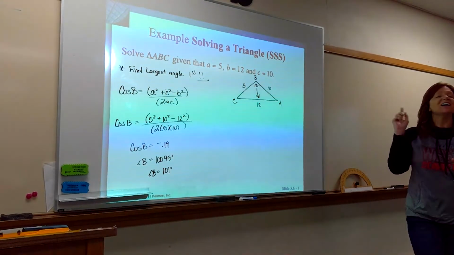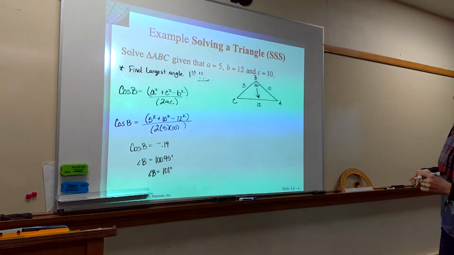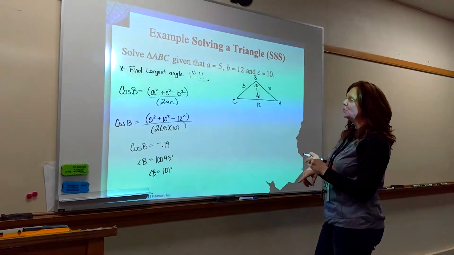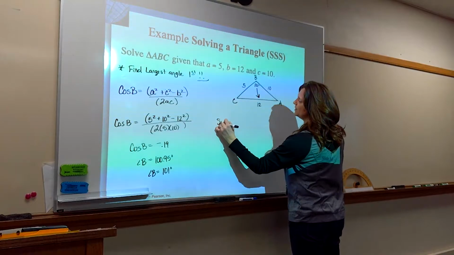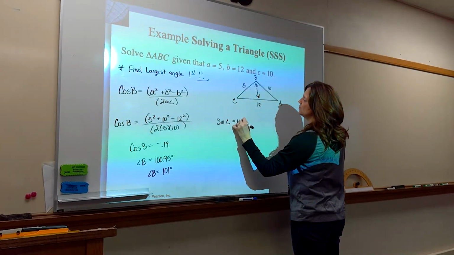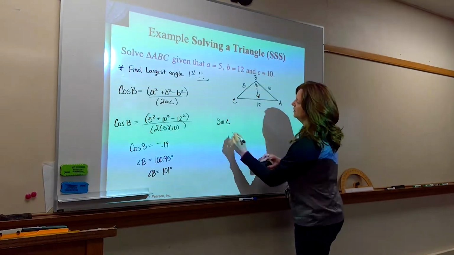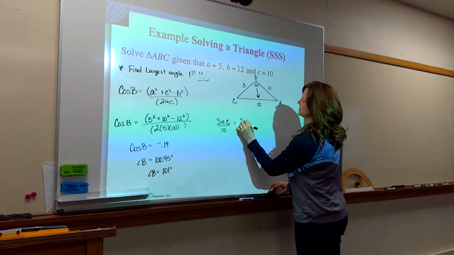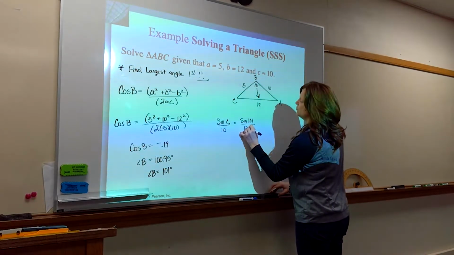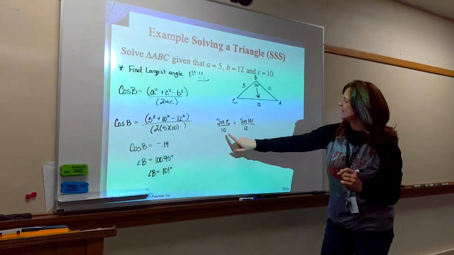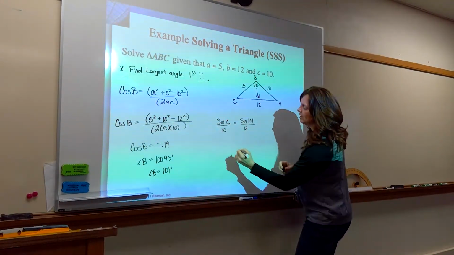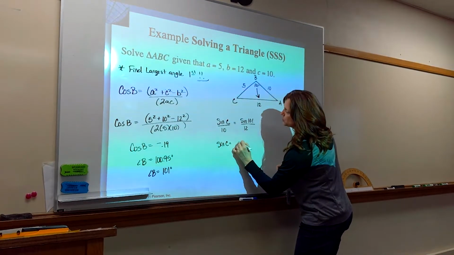Okay, and then I can use law of sines. I could go ahead and use law of cosines again if I wanted to. I'm going to review law of sines just because that's also on your quiz and it's been a few days. So sine C over 10 equals sine 101 over 12. So that's going to allow me to find C. Cross multiply: 10 times sine 101 divided by 12.